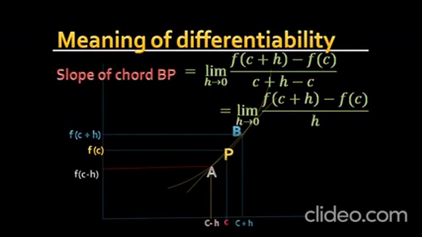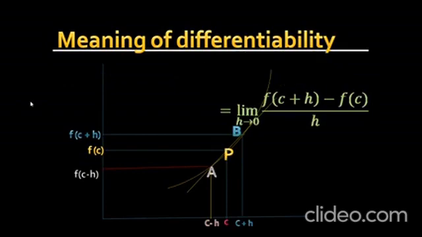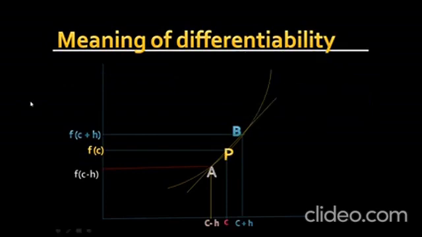Point A comes to point B, and point B comes to point P, so both are close to the point P. That's why this line becomes a tangent. So differentiability means the left hand differentiability is equal to the right hand differentiability. We write it this way: LHD is equal to RHD.